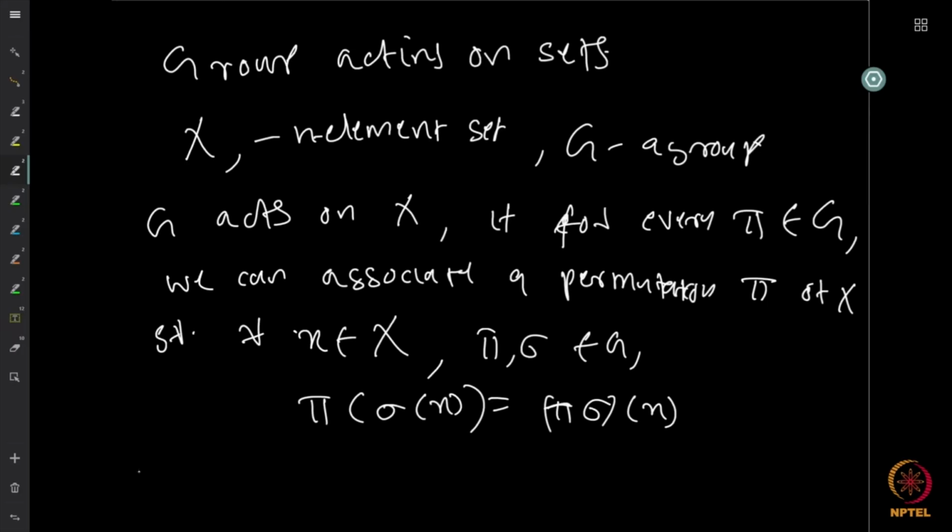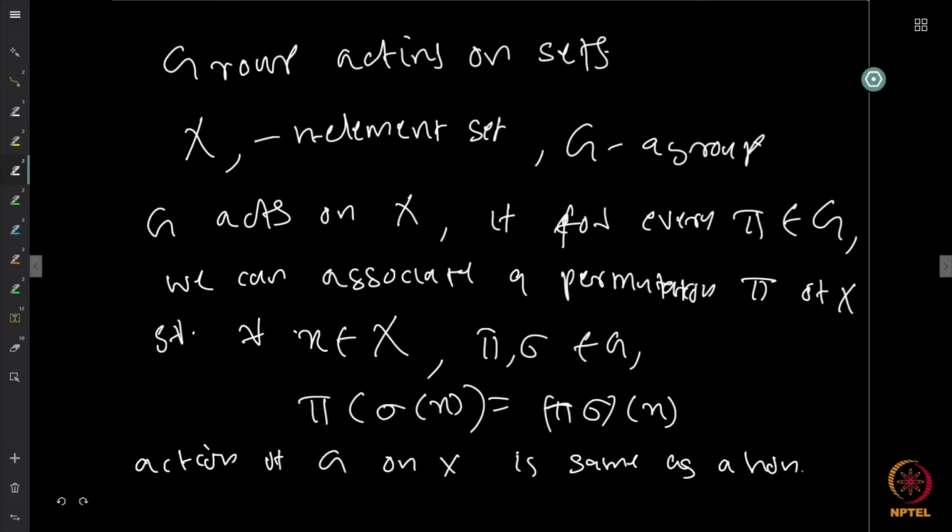Okay, so action of the group G on the set X is equivalent to saying that there is a homomorphism, let's say phi, which maps from G to the symmetric group Sx. Okay. So Sx is the set of all permutations of X. So this is the symmetric group Sx.